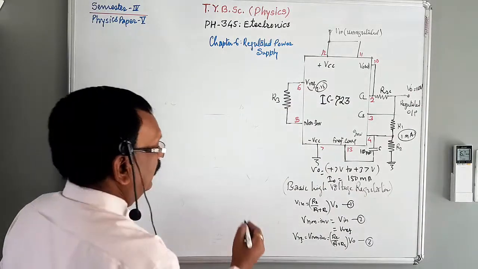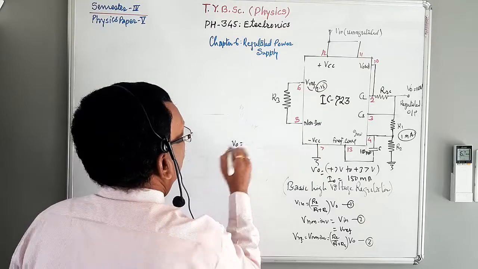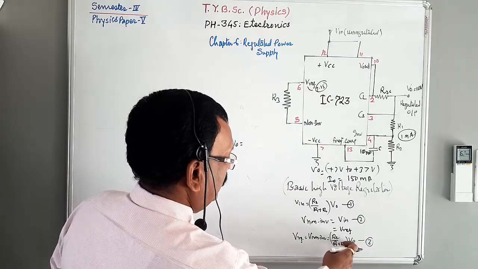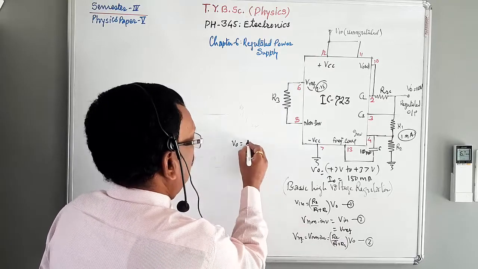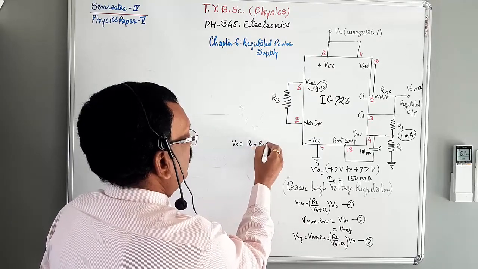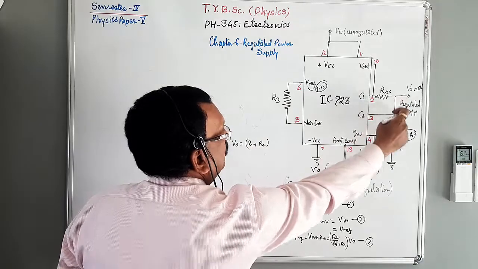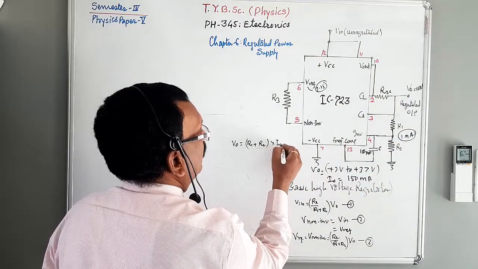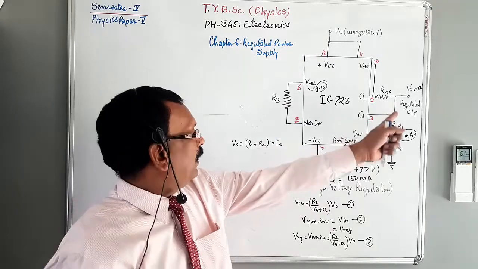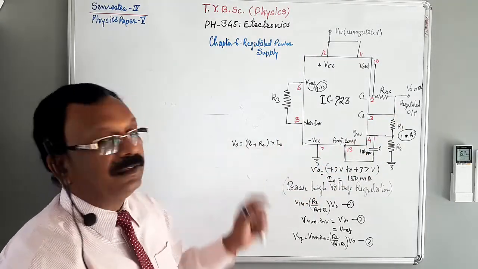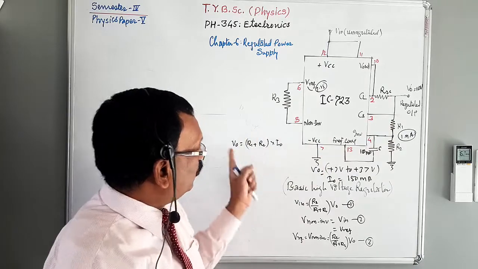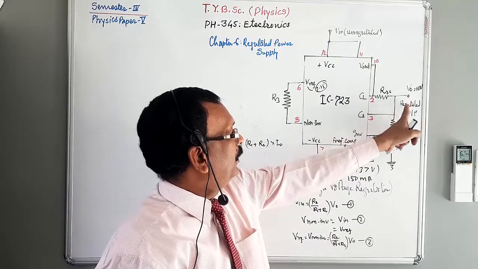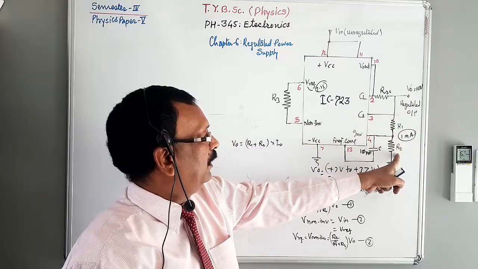We get V0 is equal to R1 plus R2 into I, output current. This is according to V is equal to IR, Ohm's law. According to Ohm's law, the voltage at this point V0 is equal to the voltage across the resistor into current.